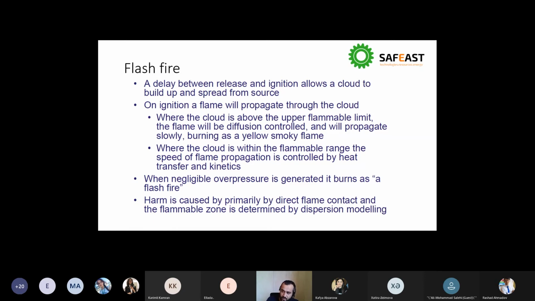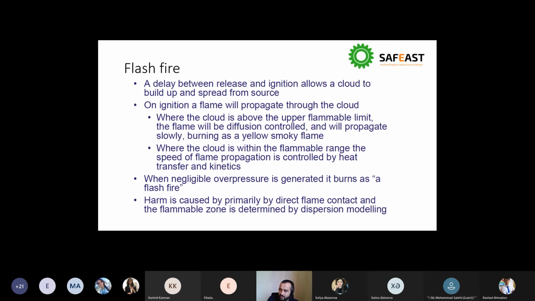When there's an ignition, the flame propagates through the cloud. Where the cloud is above the upper flammable limit, the flame will be diffusion controlled and will propagate slowly, and it will burn like a yellow smoky flame.